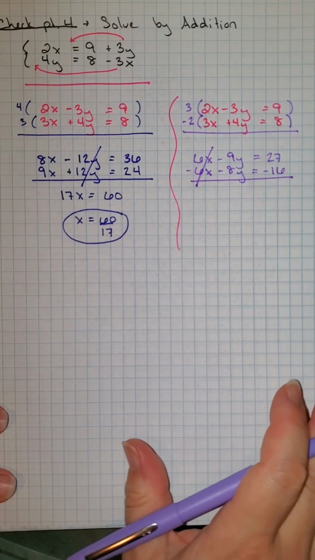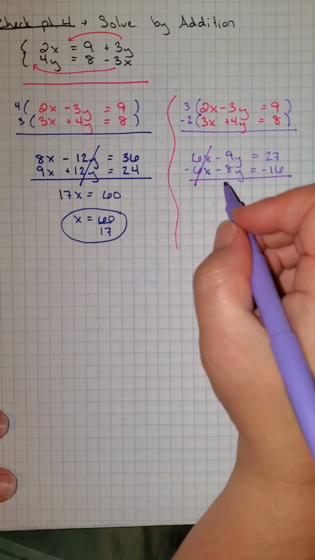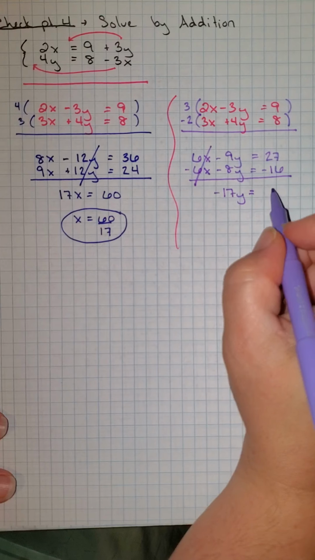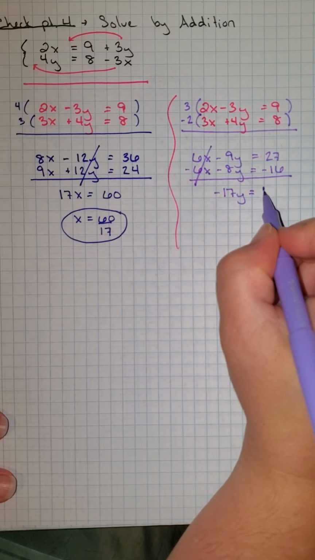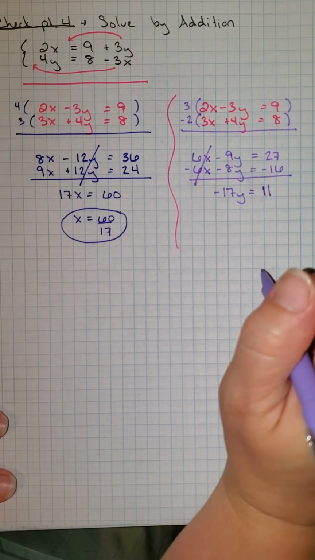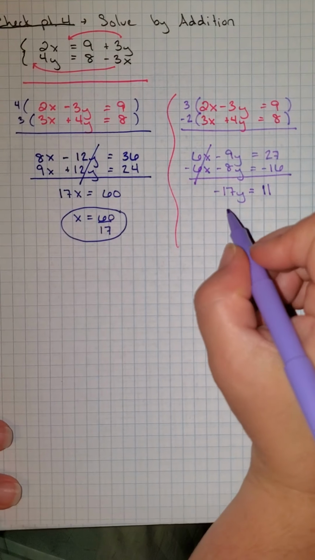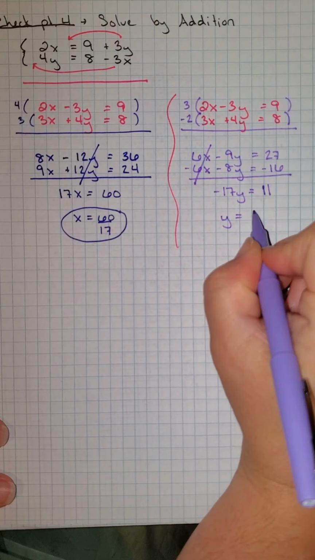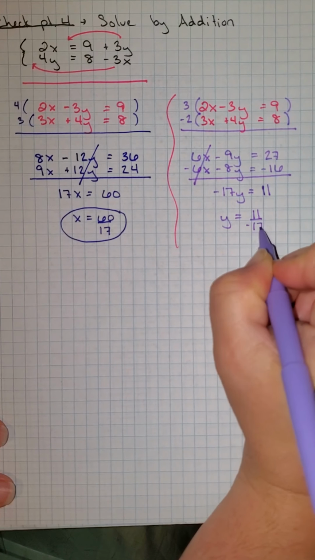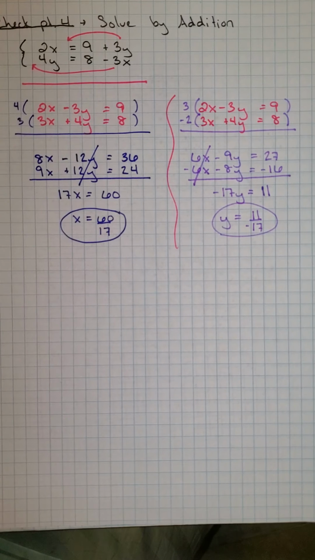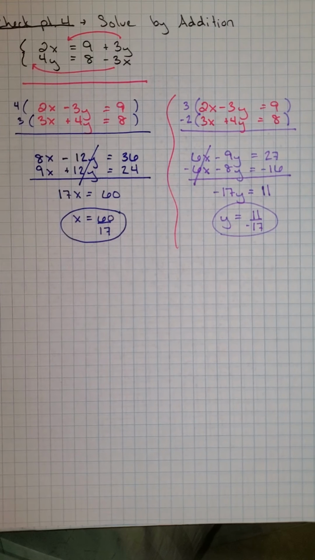So our x's will cancel. Negative 9 and negative 8 is negative 17y equals 11. And then we're going to divide both sides by negative 17. So y equals 11 over negative 17. So there's our two pieces to our final answer, our ugly answer.